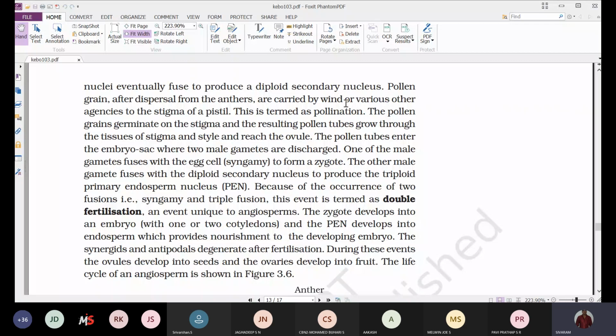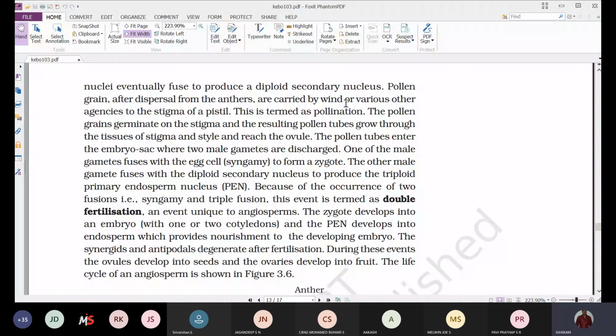This is what we call dispersal. Pollen grains after dispersal from the anthers are carried by wind or various other agencies to the stigma of a pistil. Other agencies means it may be insects, birds, or animals, anything, any different agents.